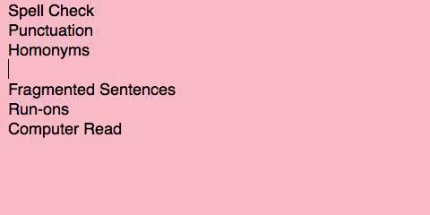Next, homonyms. Make sure that you are using the correct form of the word. So even if you're reading through the sentence and you hear yourself talking, it sounds right, but they might have different words. So for instance, you might have something like to, too, and two. They all sound alike, but they all have distinctly different meanings, okay?